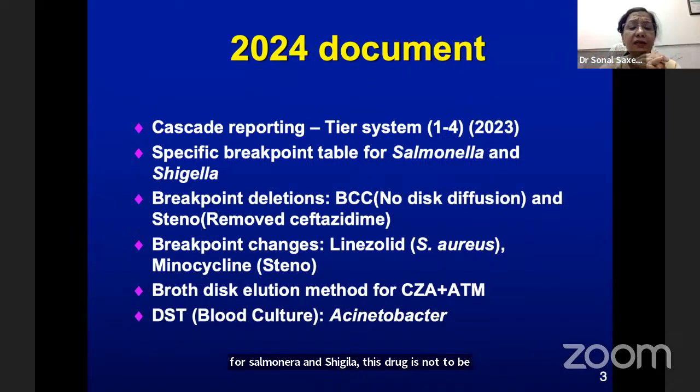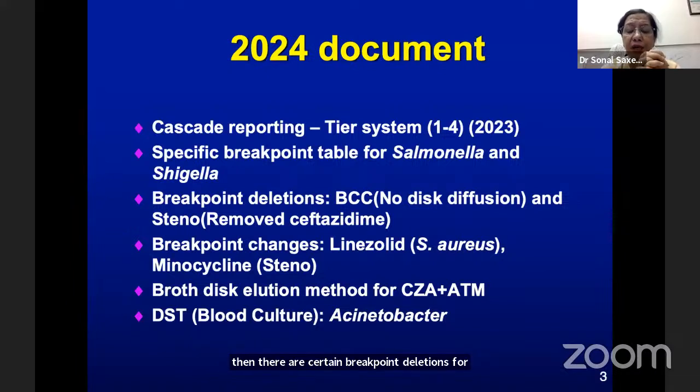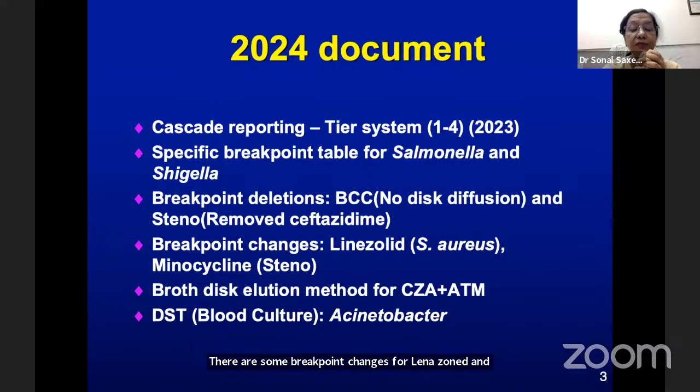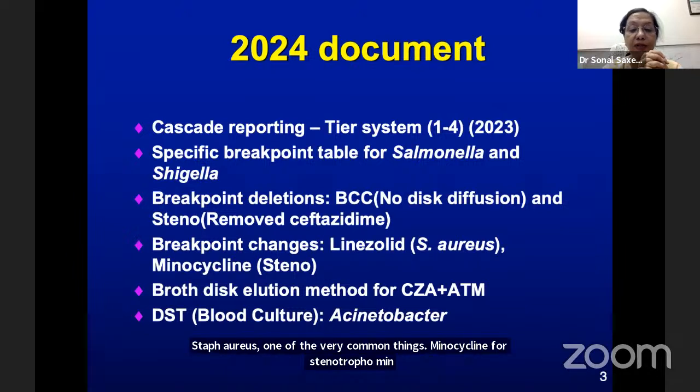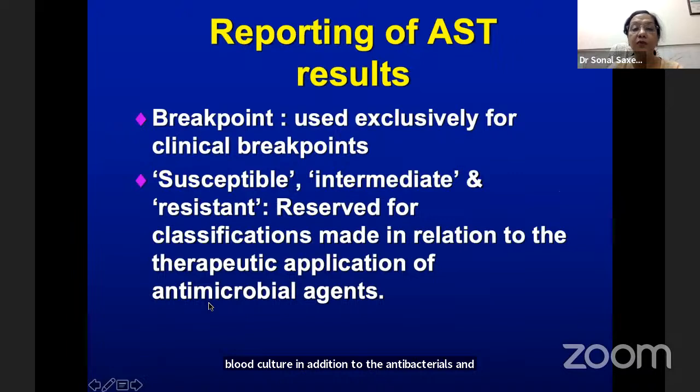Then there are certain breakpoint deletions for Stenotrophomonas, and some breakpoint changes for linezolid and Staph aureus, minocycline for Stenotrophomonas, and they introduced the broth disk elution method for ceftazidime-avibactam and aztreonam. They also added Acinetobacter to the direct sensitivity testing from blood culture, in addition to the Enterobacterales and Pseudomonas that they had. I've tried to cover most of these here.